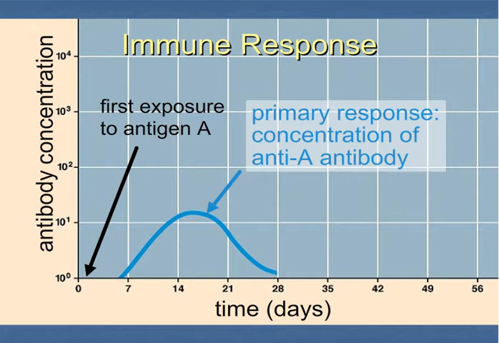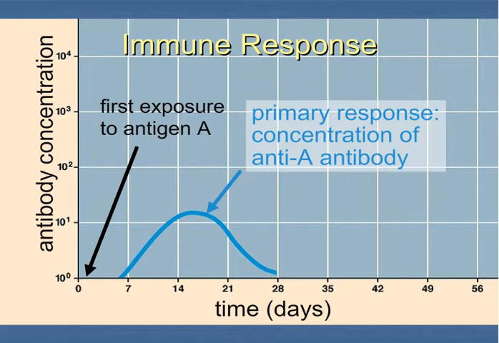The virus is invading our cells and replicating and replicating and replicating. And so around days 6 or 7, the antibody levels, or titer, start to rise. That's because our B cells have become activated and have differentiated into plasma cells, which start cranking out the antibodies. But it takes a long time for this to occur, and peak antibody levels don't occur until around days 14 or 15 after the infection.